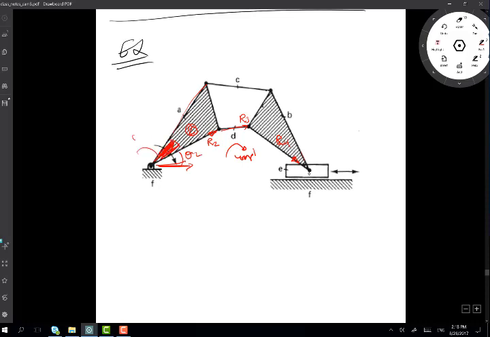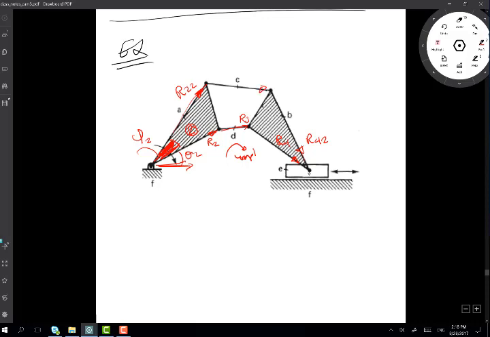We'll call this angle phi 2, and we know it's a constant angle. Then this is another vector related to link number 2, which I can call R2,2, the second one. I can say this is R4,2, the second one for R4.